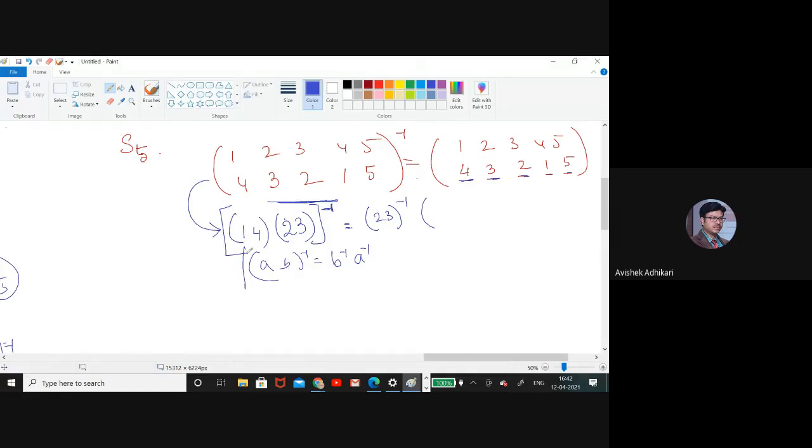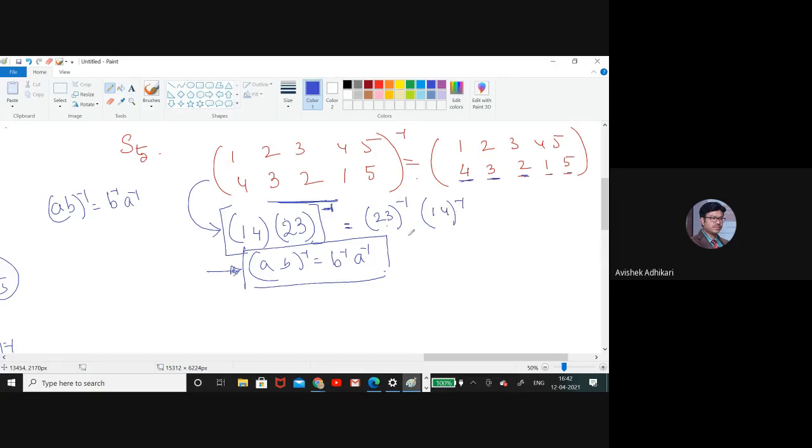For a general group, this is the rule that you have already seen in the book: in any group, (AB) inverse equals B inverse A inverse. So here also the same thing.